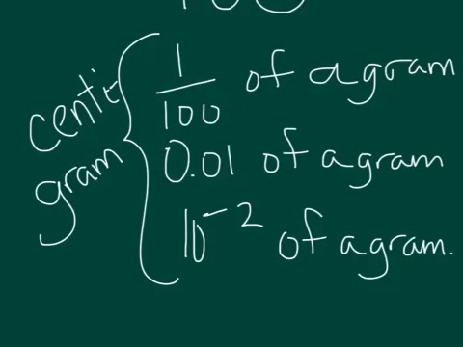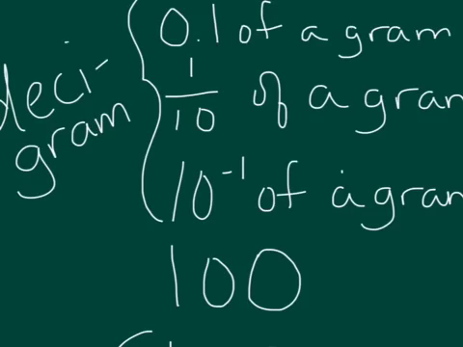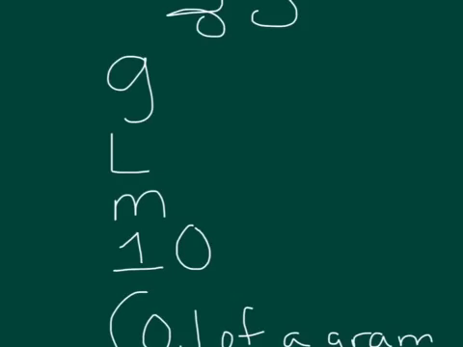All right. So far we've looked at those base units, grams, liters, and meters. And we have also looked at deci and centi. And now we're going to look at milli. And milli would be right here.